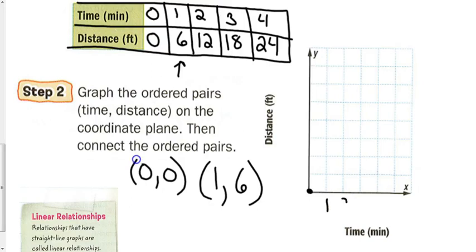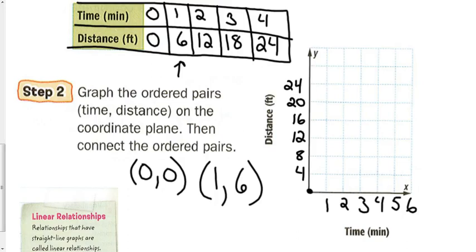I'll label these 1, 2, 3, 4, 5, 6. And then our feet will go by 4s just to make it easy on us: 4, 8, 12, 16, 20, 24. All right, that'll work.